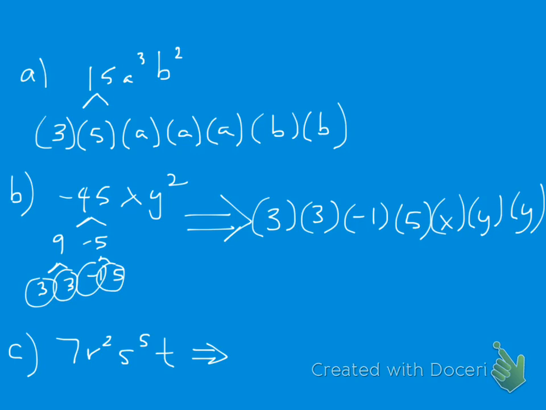When you factor these, you're going to pull them out, and when I multiply them all back together, they should still equal what I took it apart from. So if I multiply 3 times negative 1 times 5 times x times y, it's going to come out to negative 45xy squared. So that's one way to check yourself. If you aren't sure if it comes out right, go back and re-multiply all those numbers together and make sure they come out with the same answer. All right, so do C yourself.